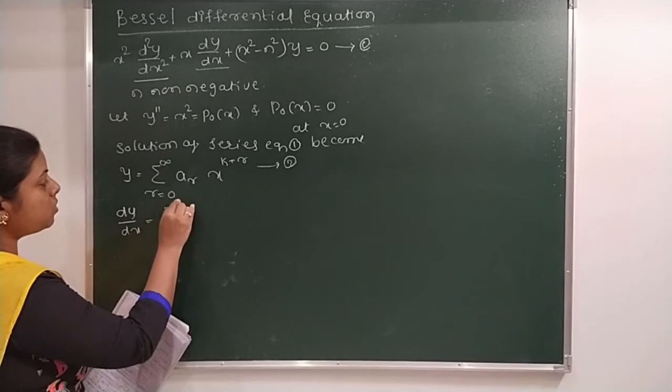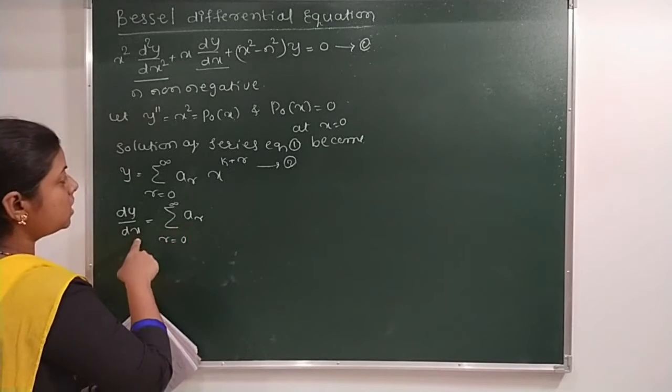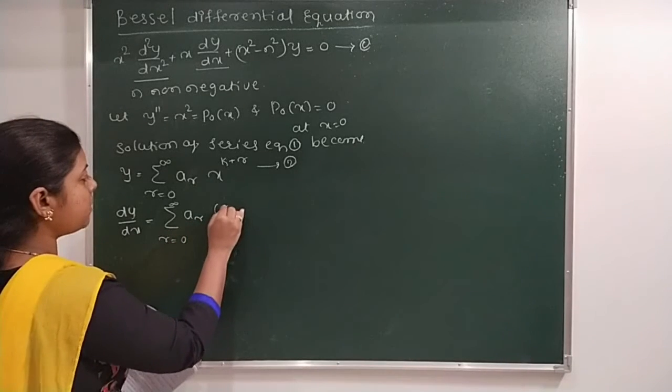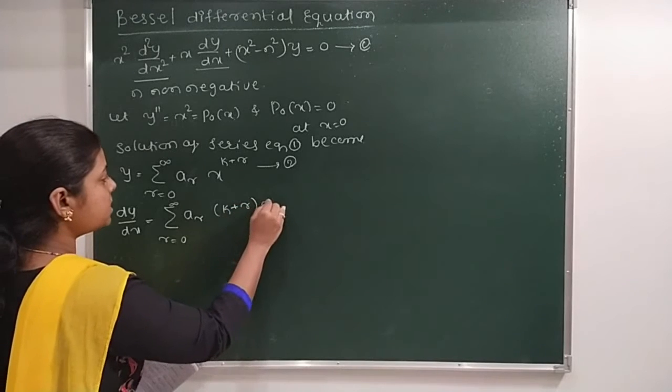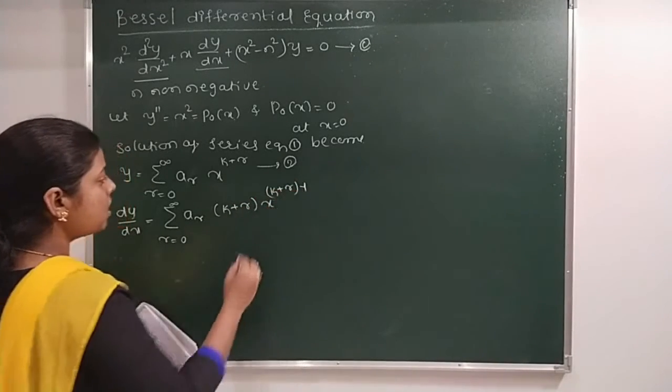Summation of r is equal to 0 to infinity, ar are the constants. We are differentiating with respect to x. That is x raised to k plus r minus 1.